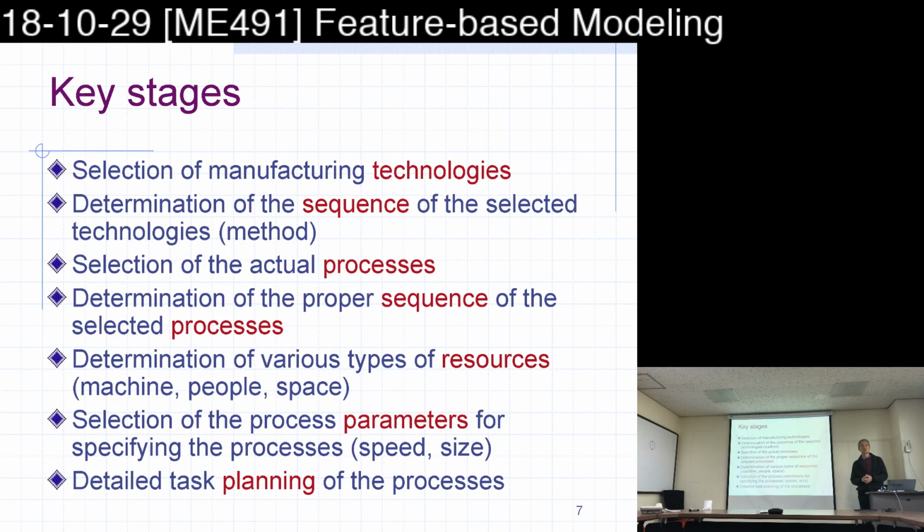For the assembly, you may use welding, or a bolt and nut, or clipping attach, or other ways. So you need to select the technology for how to manufacture: milling, or drilling, or welding, and then the sequence of the technology. What can be done with it?